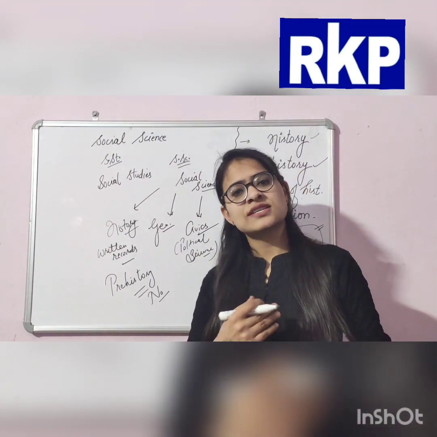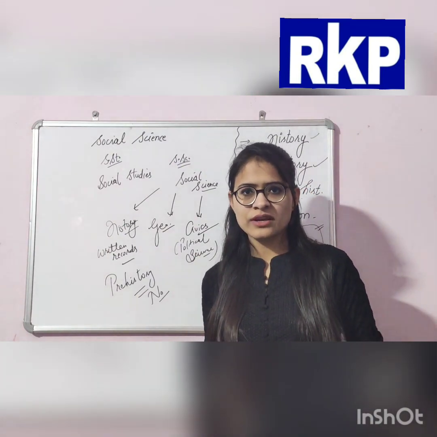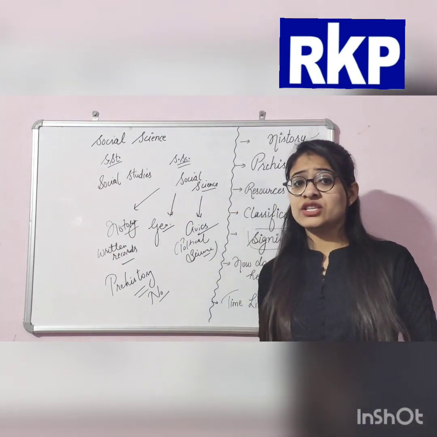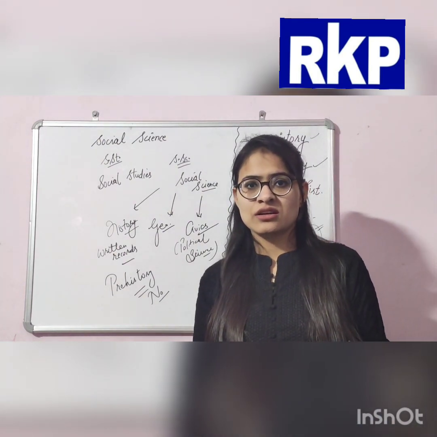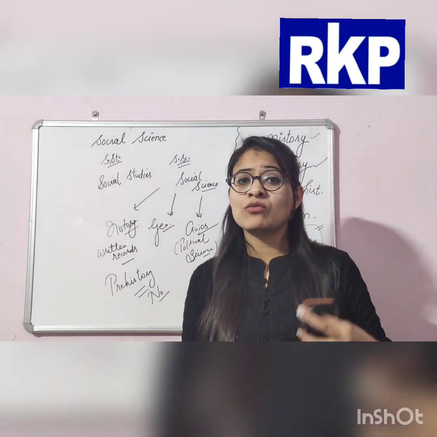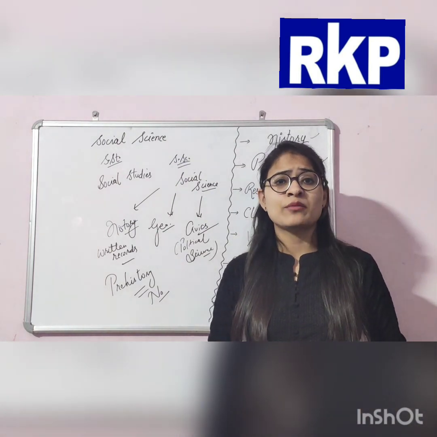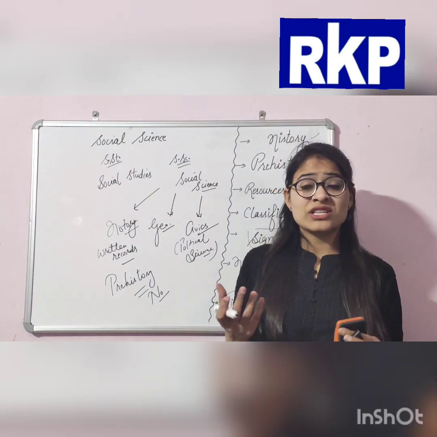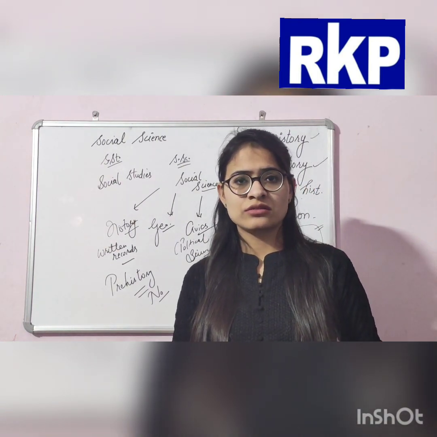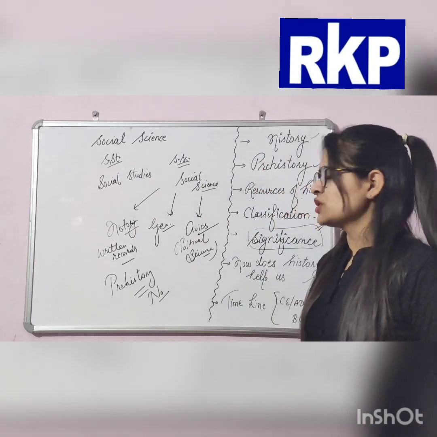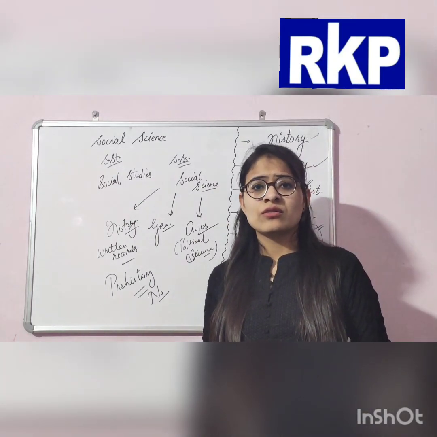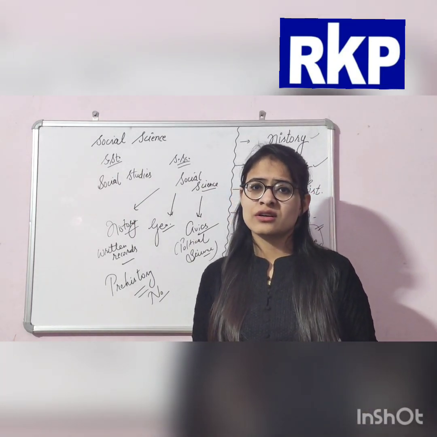And how does history help us? To know about our society and the changes, meaning how society was in the earlier time, and what changes have been made. And to know about the culture. What is culture?